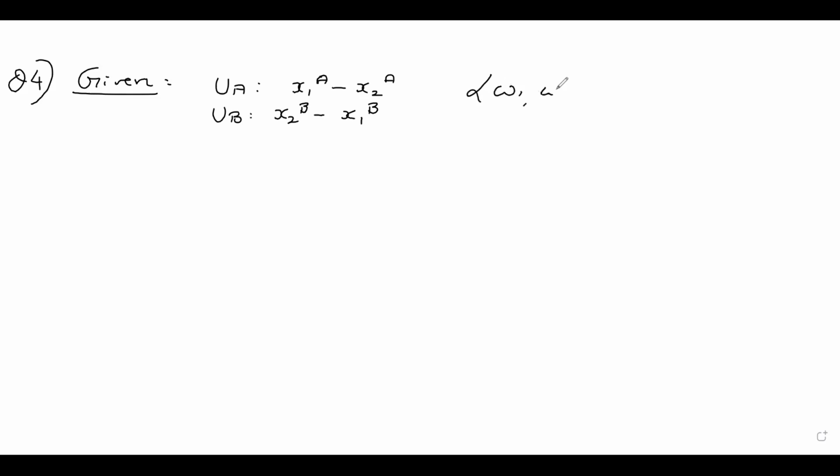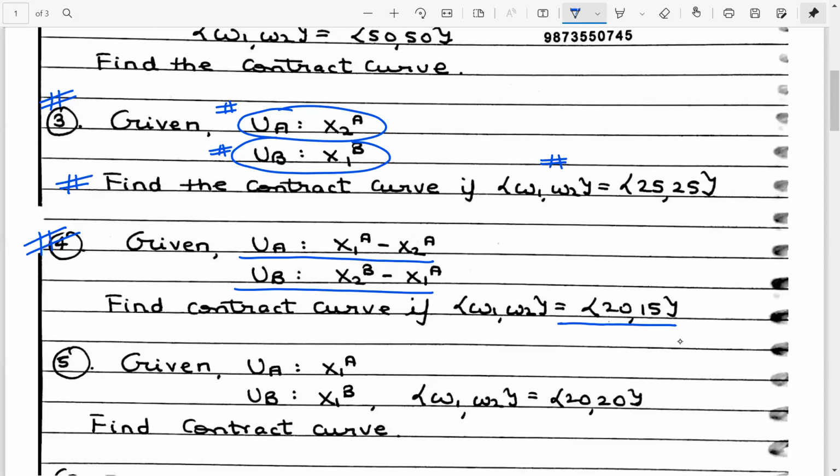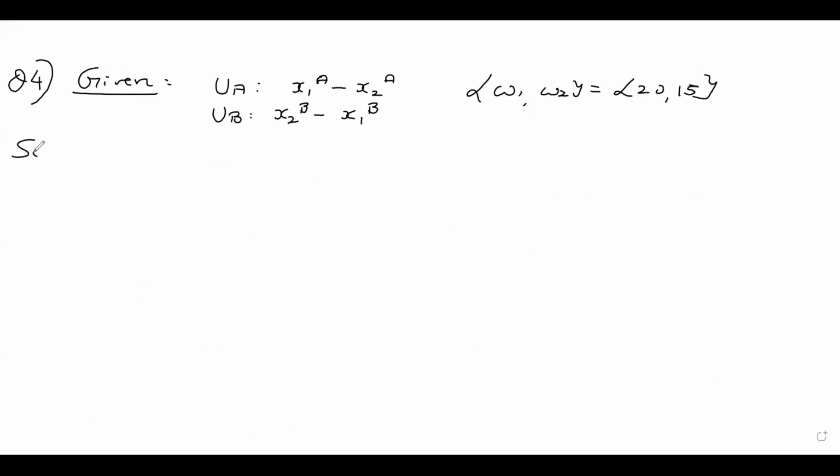And the endowment vector is given to us as 20,15. Let's quickly cross check from the assignment. 20,15, x1A minus x2A, x2B. This is B, guys. This is B. Okay, so x2B minus x1B. Please correct this. Okay, so let's now look at this question.